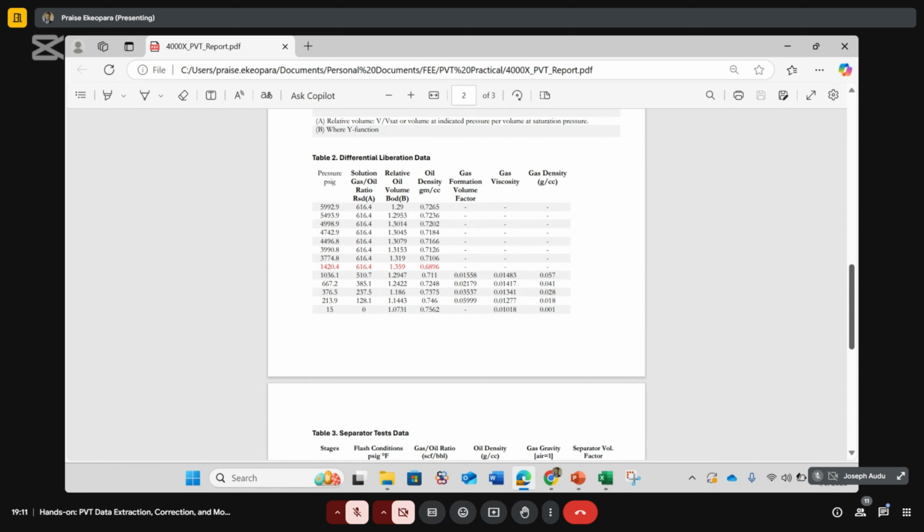Remember, the people doing the PVT experiment most times are third parties. We have different companies, different vendors, that do that. Depending on their agreed format, you can have different visualizations of the data they have.